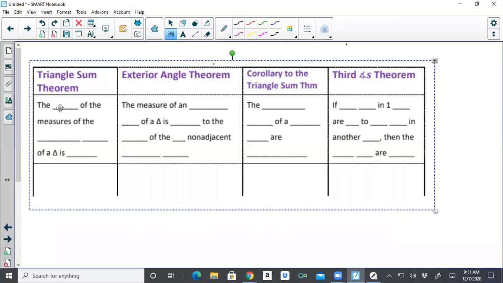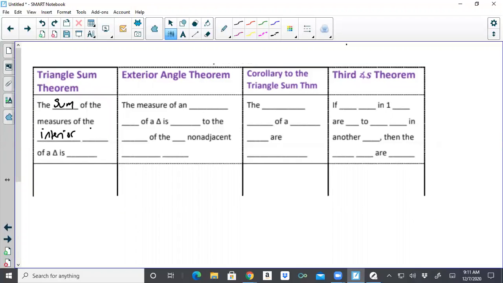So the triangle sum theorem is the sum of the measures of the interior angles of a triangle is 180 degrees. What that means is that all of the angles inside of a triangle equal 180.